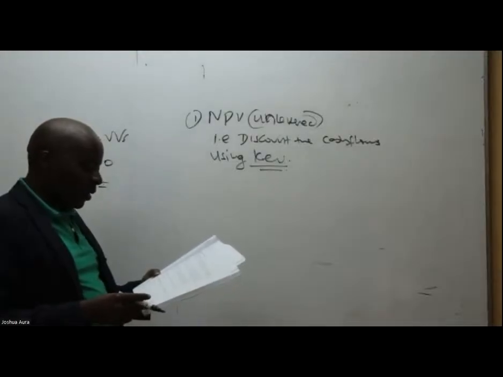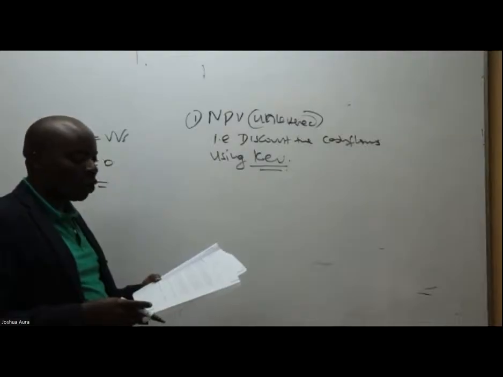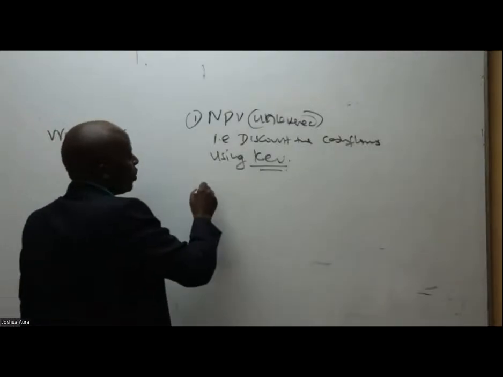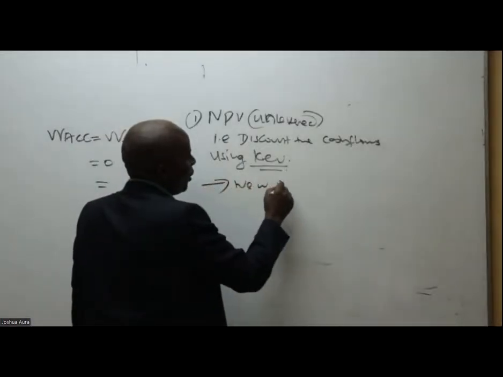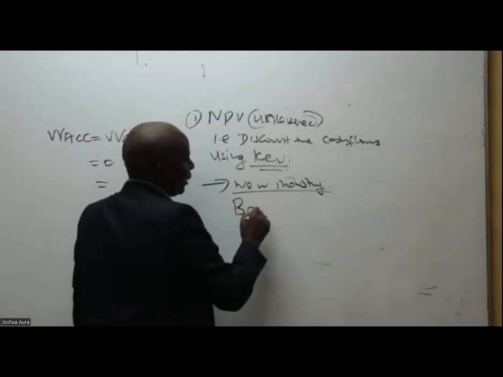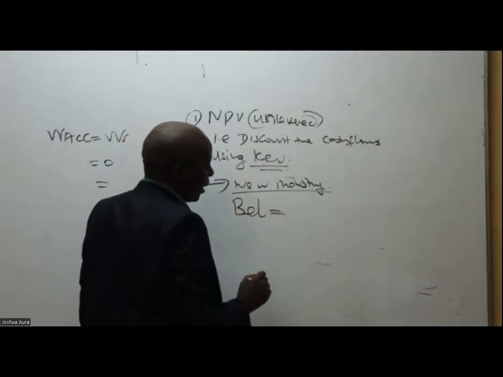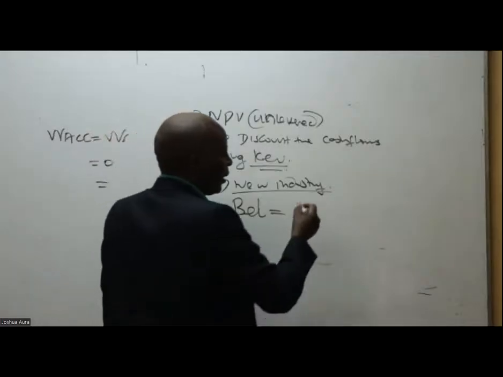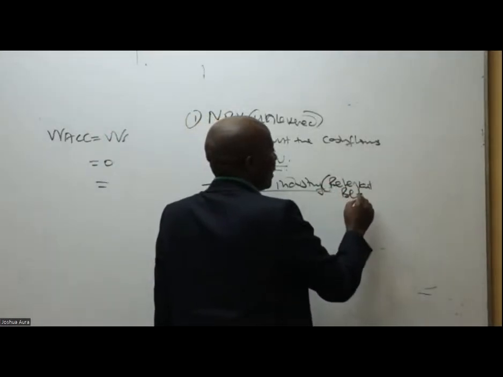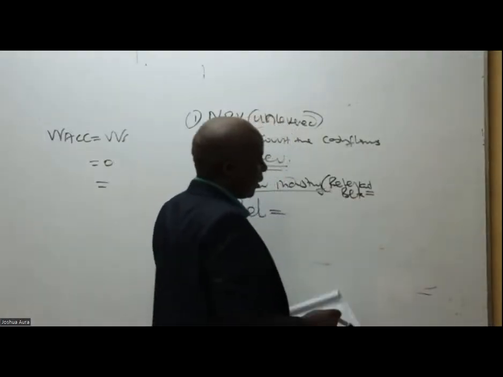So this really will not be a problem to me whatsoever. I will start first of all, because we are going to a new industry, with the relevant beta of the new industry, which these guys have given us.